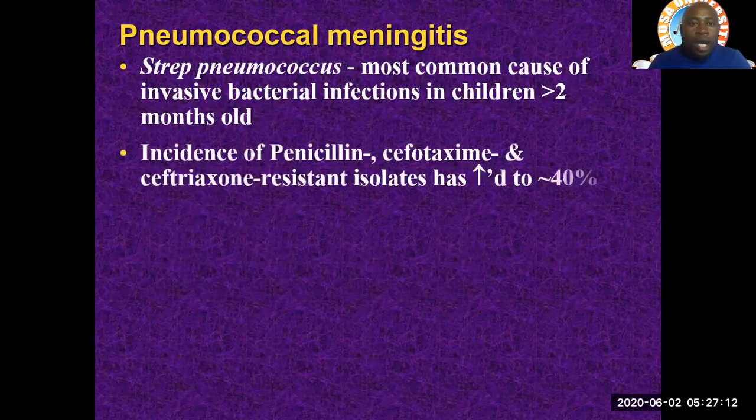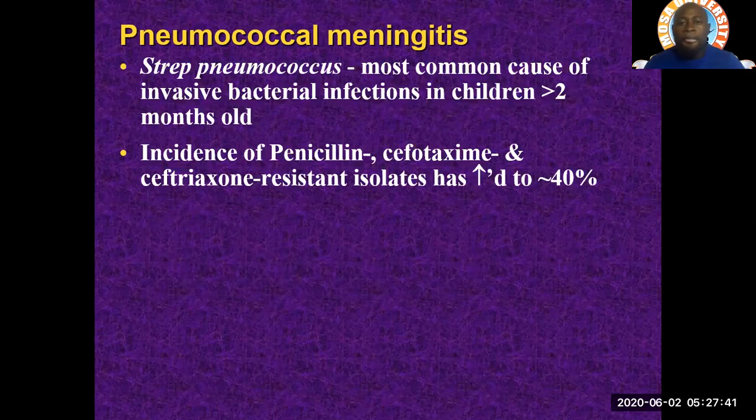So let us also now look at another type of meningitis, which is pneumococcal meningitis. It is most commonly caused by Streptococcus pneumoniae, which comes with invasive bacterial infection in children that are greater than 12 months old. This comes with instances of penicillin, cefotaxime, and ceftriaxone resistance.